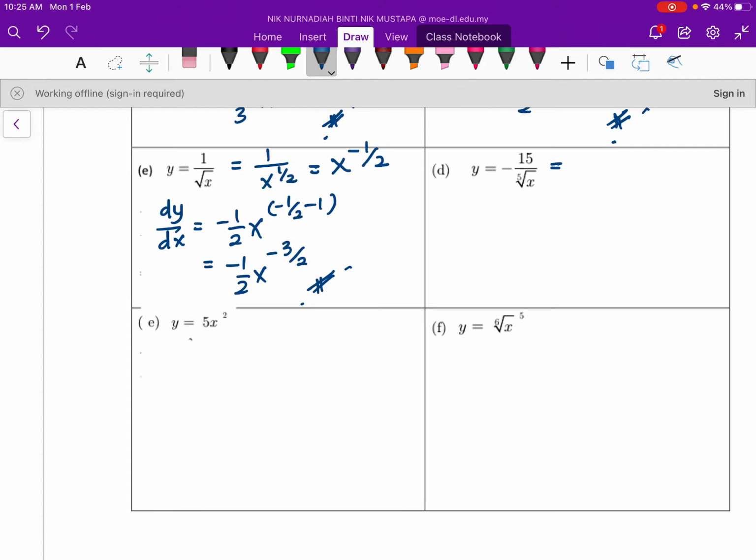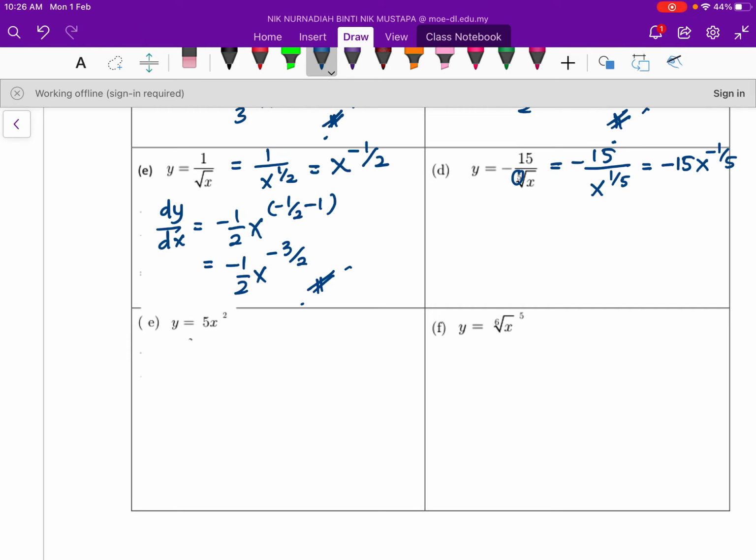Okay, so here, ni apa jadi ni? Ini adalah sama dengan, jadikan dia dalam bentuk power form dulu. Negative 15 per x to the power of 1 over 5, sebab kat sini ada 5 tu kecil kat luar ni kan. So dia adalah sama dengan 1 per 5. Kalau root tu dia tak ada nombor apa-apa, tu square root. Tapi bila ada nombor tu maksudnya adalah 1 per 5 ataupun 1 per n, whatever number kat situ. So bila kita naikkan ke atas, dia akan jadi negative 15 x to the power of negative 1 over 5.